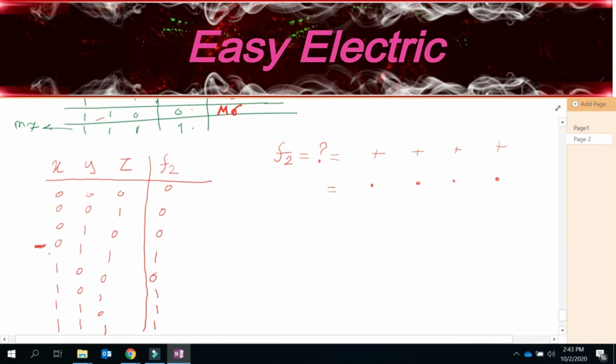What is its number? Should be m. What is the number of the minterm? Let me spread this out, maybe it helps you see what we have.